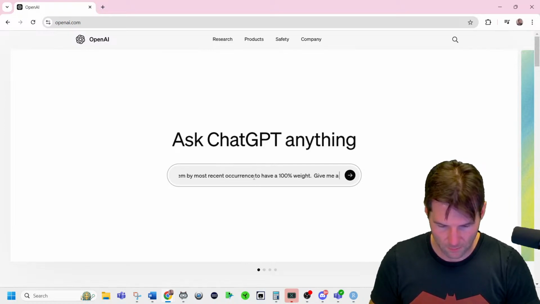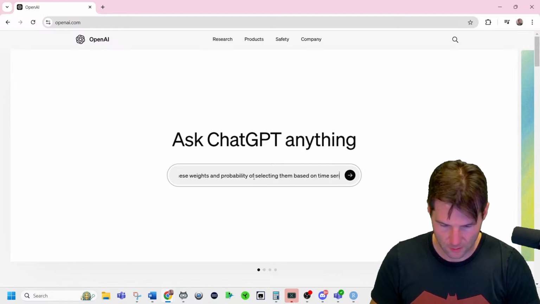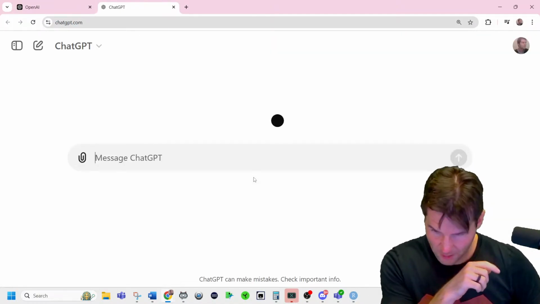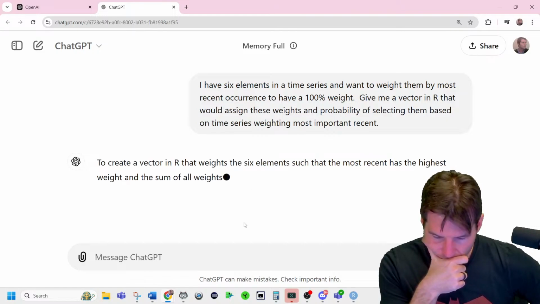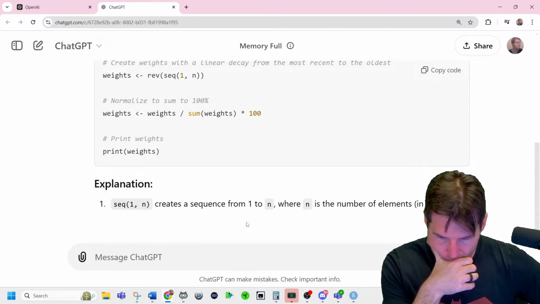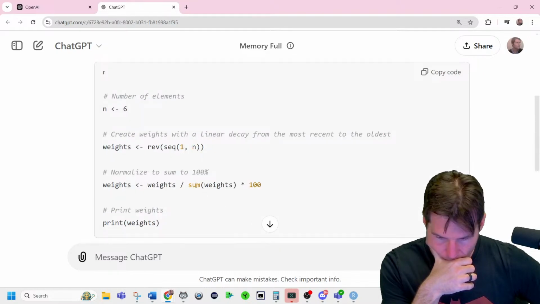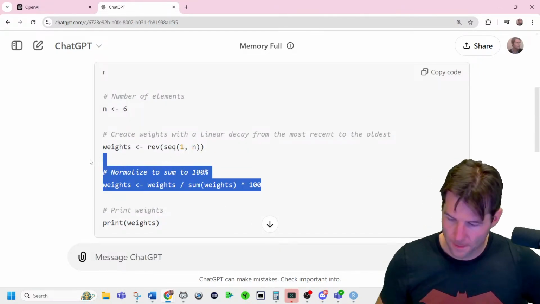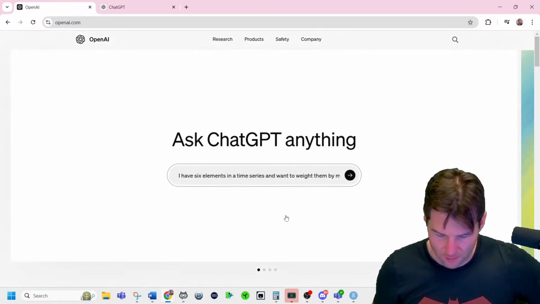Give me a vector in R that would assign these weights and probability of selecting them based on time series weighting. Okay, see what we got. Elements, weight. Interesting. Okay, so there's the weights. See what it turns out.